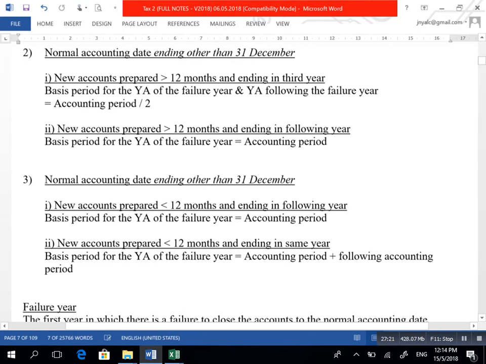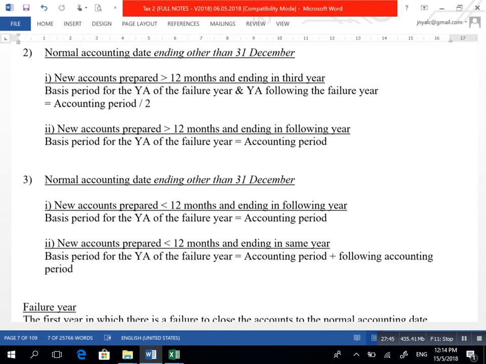But you can see there is 2 subcategory again. Which subcategory? Less than 12 months, and the new account is ending in the following year or ending in the same year? Following year. So category 3, subcategory 1. Alright, so back to here.